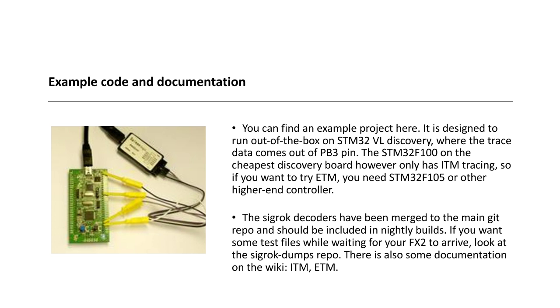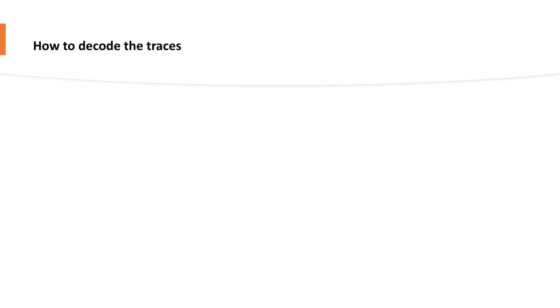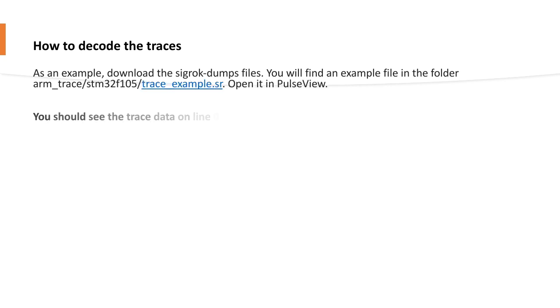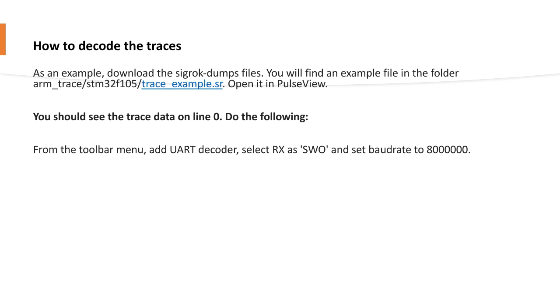So how to decode the traces? As an example, take the Sigrok dump files. You will find an example file in the folder arm_trace/stm32 freertos example.sr. Open it. You should see the trace. From the toolbar menu, add the UART decoder, select RX as SWO, and set the baud rate to 8000000.